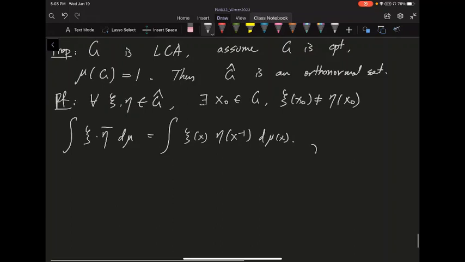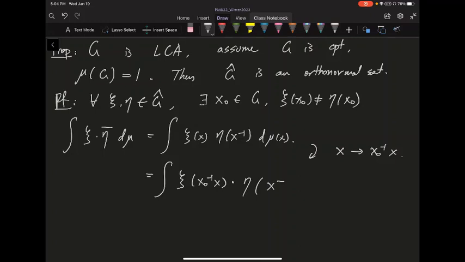So I translate x to x0 inverse of x. Now this becomes psi of x0 inverse x, times eta of x0 inverse x, the whole thing to the inverse. So I have x inverse and then x0, d mu of x. The order doesn't really matter here because everything is abelian.